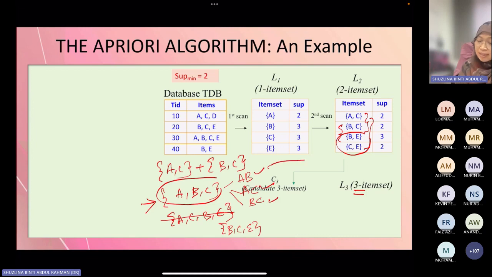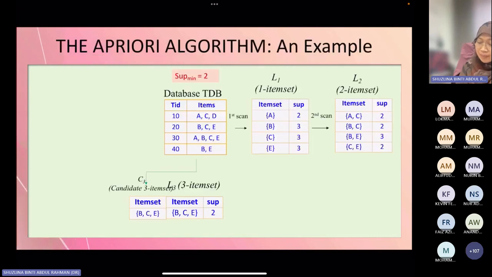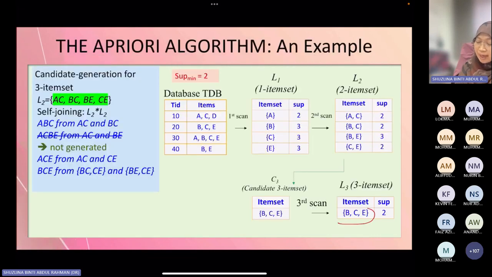We check these against k equal to 2, and we found that AB is not frequent, meaning it is not in the list of frequent itemsets. AC is there, BC is there. But since AB is infrequent, we cannot generate ABC. With that in mind, we will only generate the itemset B, C, and E as the next L3.